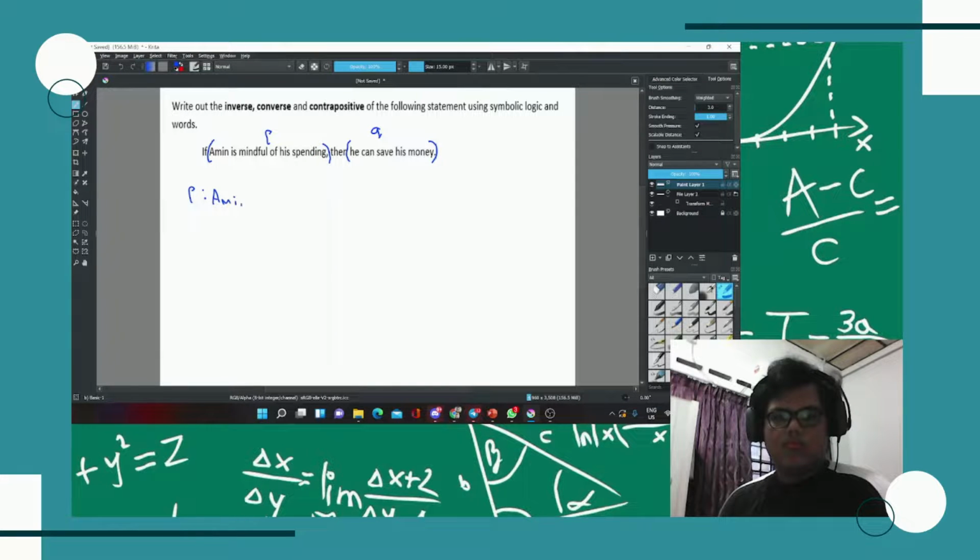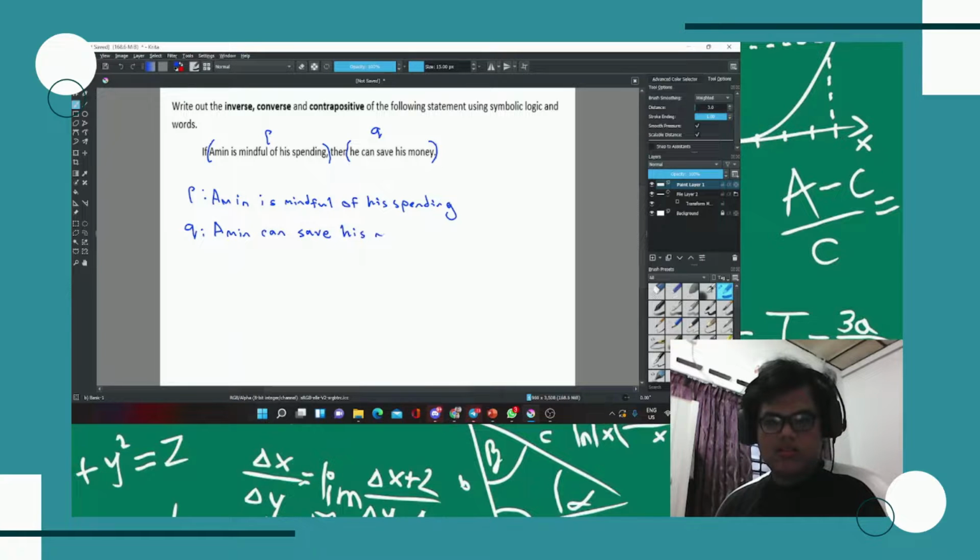So P is Amin is mindful of his spending, and Q is Amin can save his money.